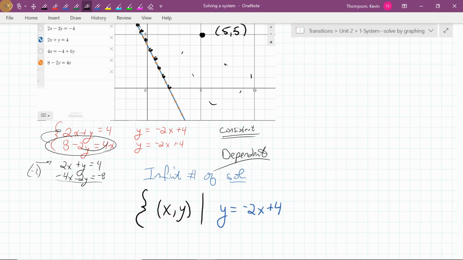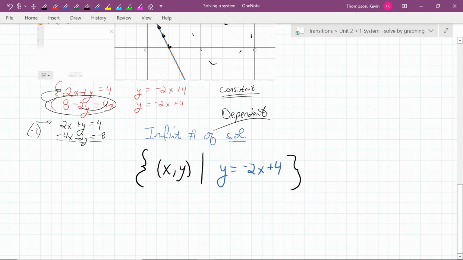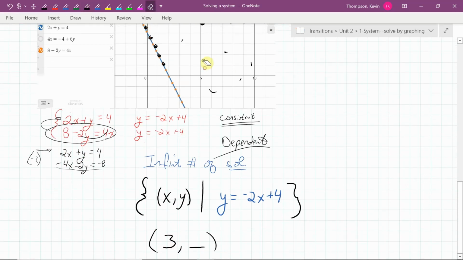So what we're really saying there is that if I want to find a point that is a solution, let's suppose I'm looking for a solution that is 3 comma something. Well, how do I find the matching value for when x is 3? I can see 3 on my graph here, so 3 is here.